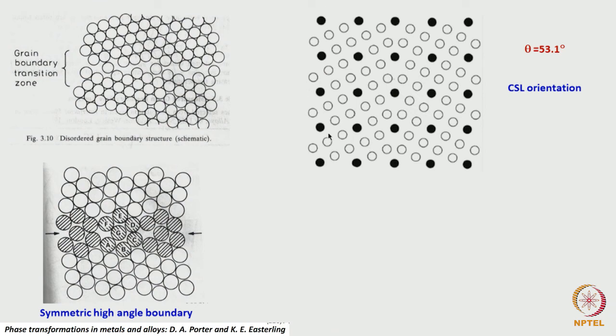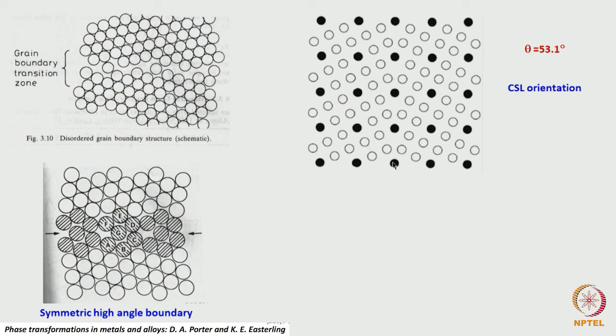This is what exactly we can see. Here you see that this is one orientation in which these atoms are there. This is another orientation in which it is there. These black dots essentially represent the atoms which are common to both of them.